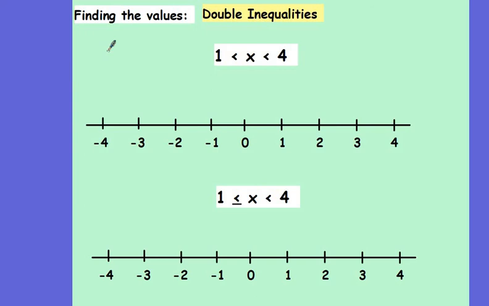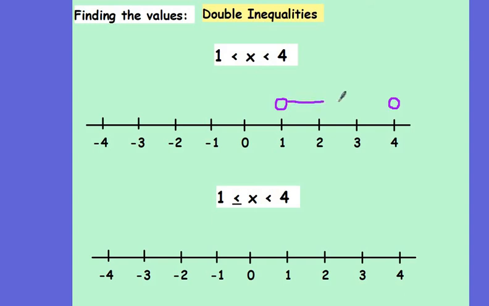Okay, I'm going to look at finding the possible values again. This time I've got x is less than 4 and greater than 1, so we're going straight into this double inequality. I know I need a circle on my 4 and a circle on my 1. Both of those circles are empty because it's not equal to either 1 or 4.